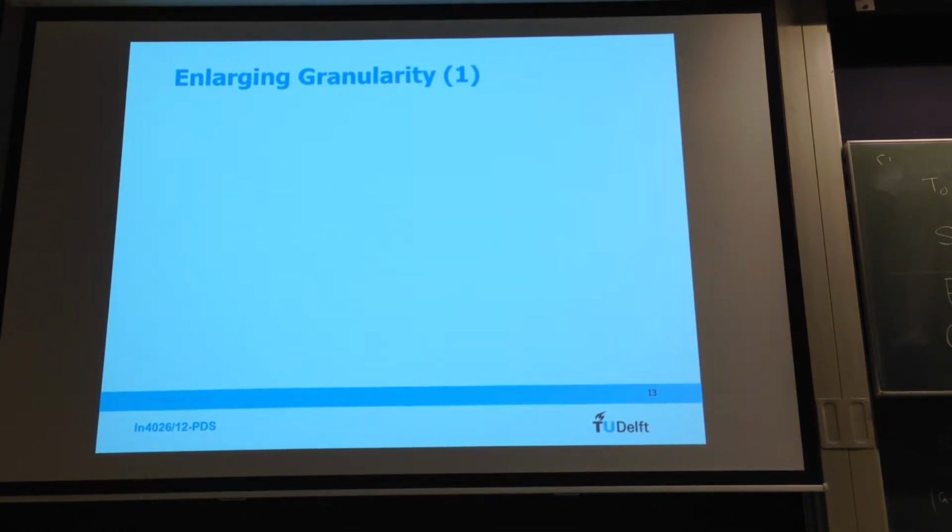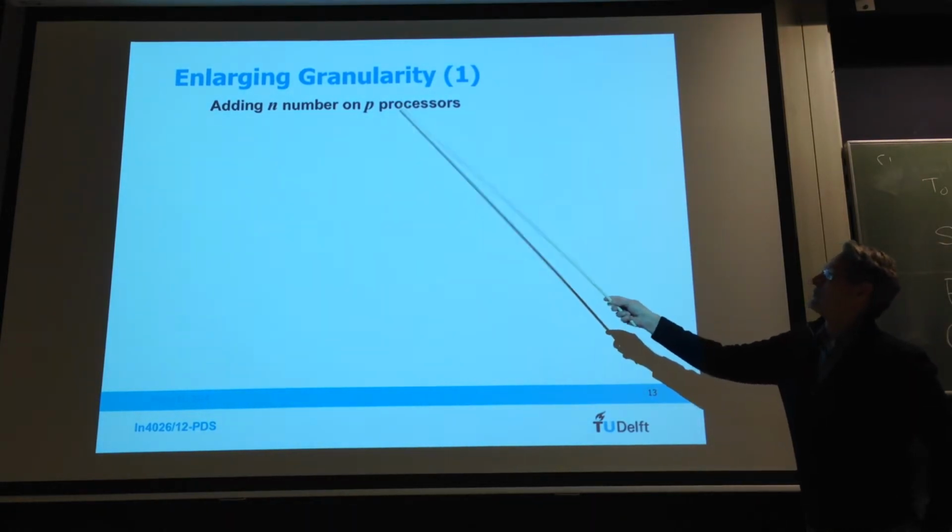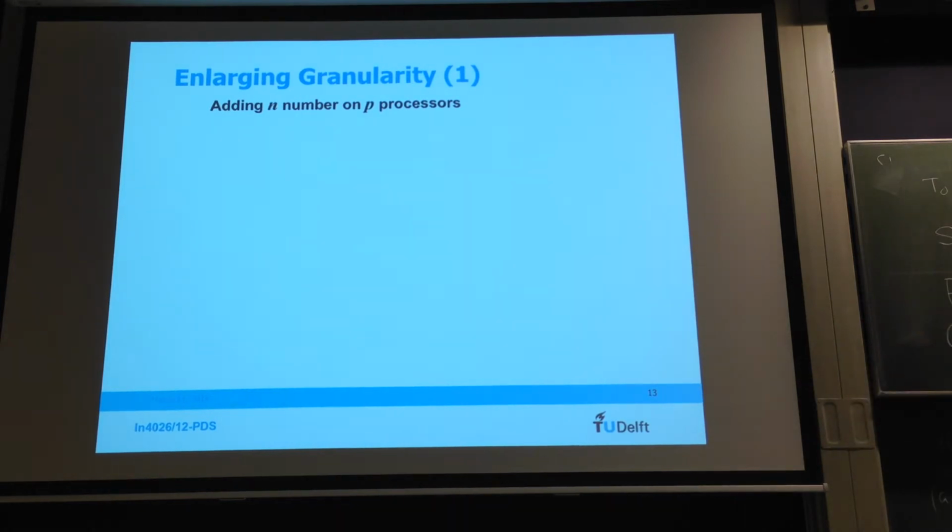Well, one thing we can do is first try to enlarge the granularity and do it with fewer processors than n. So assume that we are going to add n numbers on p processors, right?